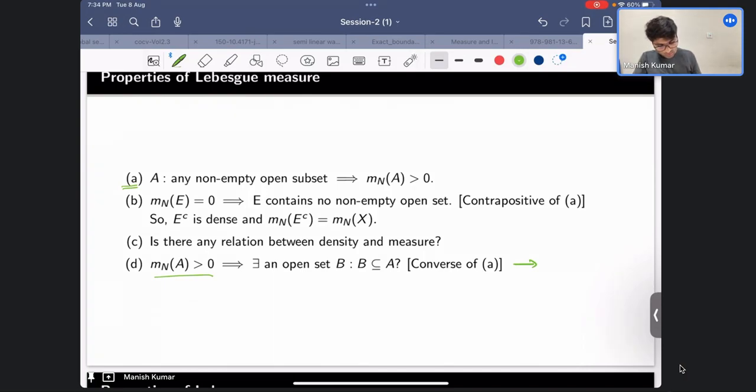Okay, so tell me about this one. You saw Q complement intersection 0 1, that is the irrationals in the interval 0 1. What is the measure of this? This is 1, right?